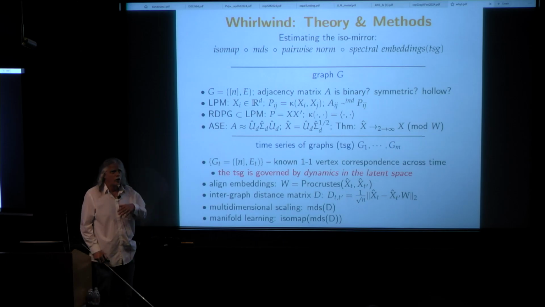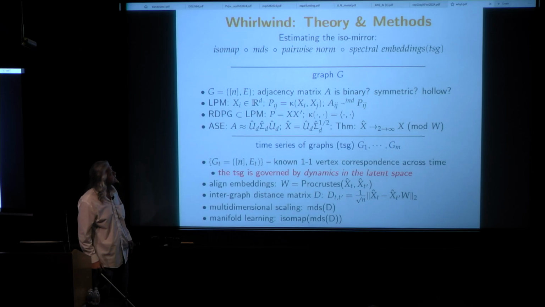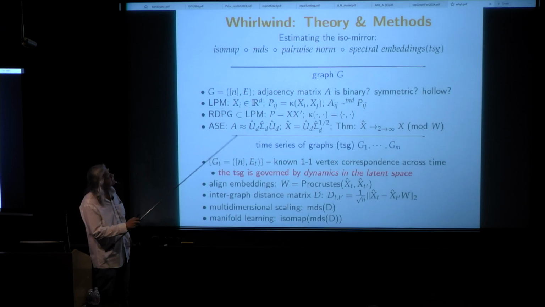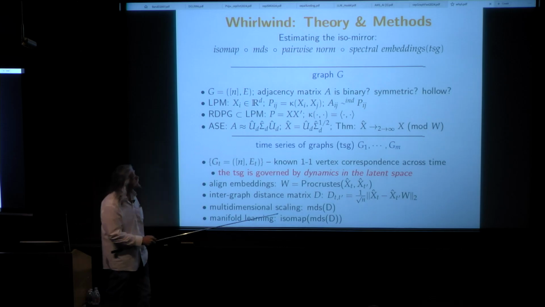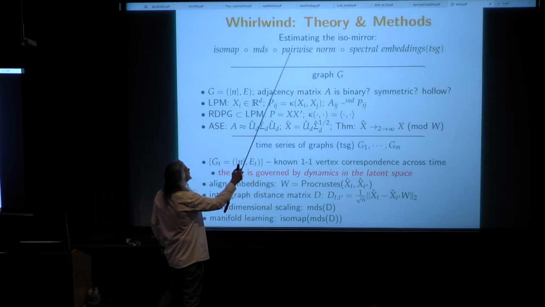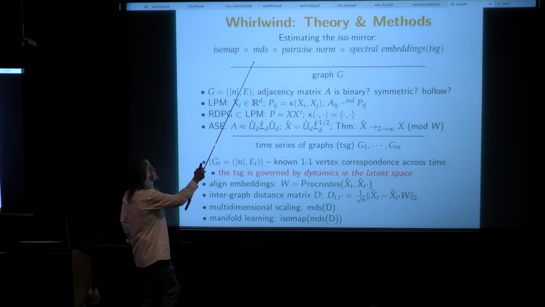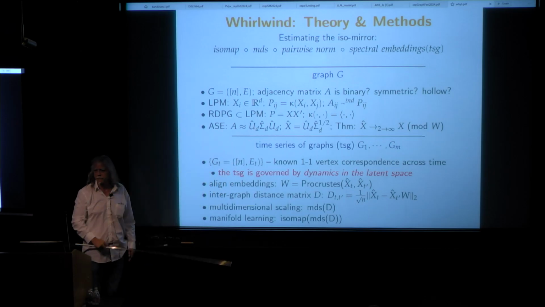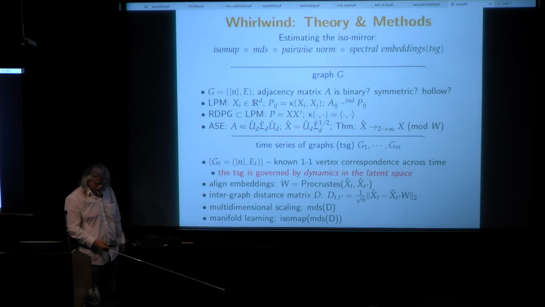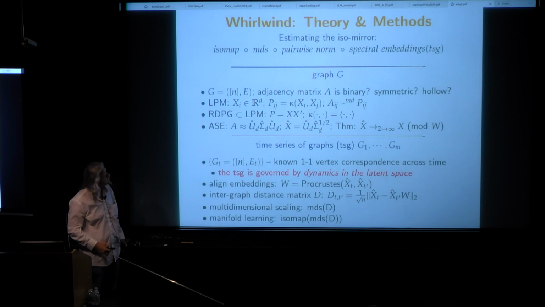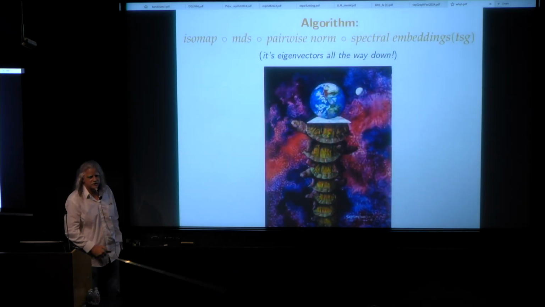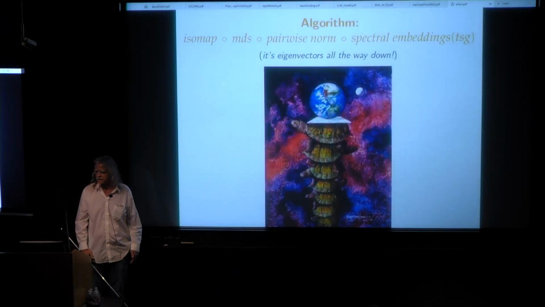So I'm not going to go into this other than the method to estimate the isomirror is to do spectral embeddings, and another spectral embedding. Long story, I'll tell you later. I want to get to something else. But the idea is you just stack eigendecompositions on top of each other.